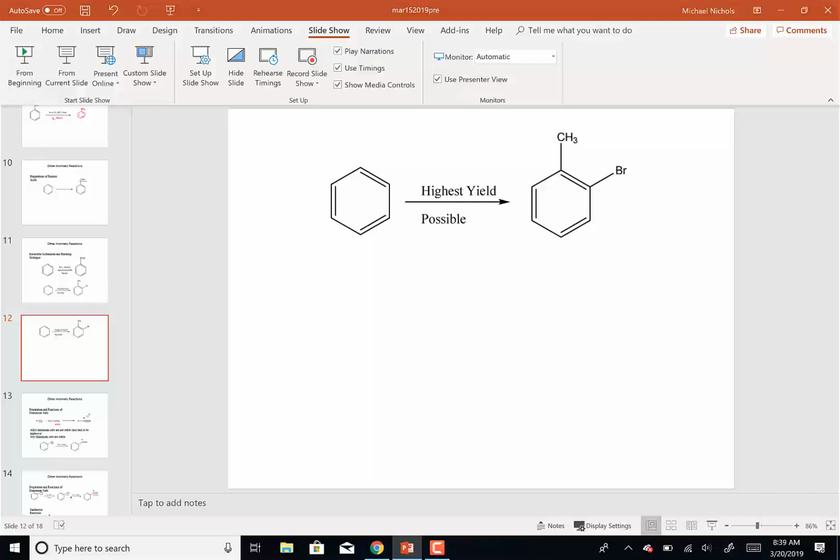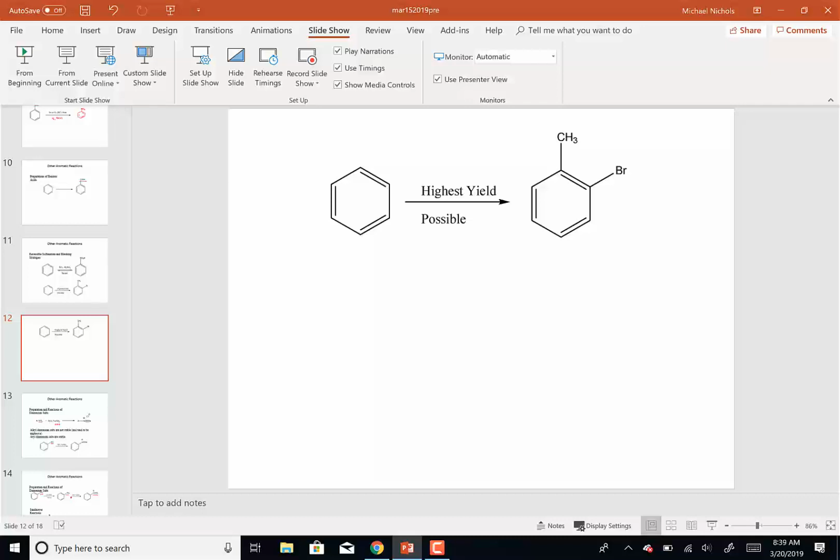So I want to make the orthobromotoluene, and I want to make it basically 100%. So why don't you add the SO3H group in the para position? Because there's only one para position, and that'll only add ortho. Right, so that's what we're going to end up doing. And then you can remove it with steam. Right, so we're going to use this blocking strategy to make this compound in the highest yield.